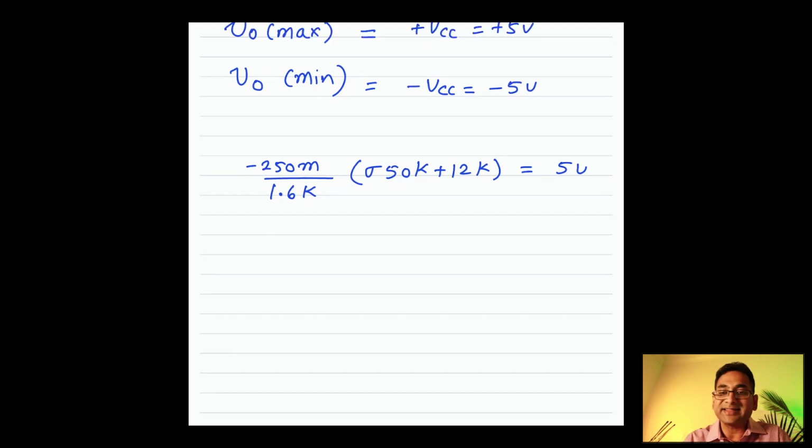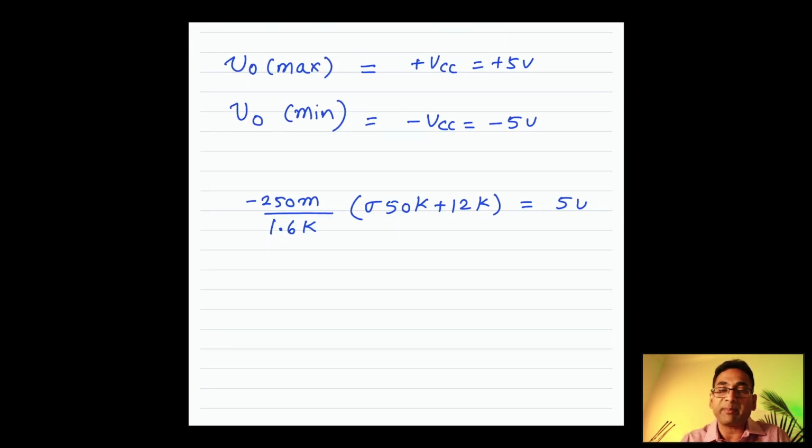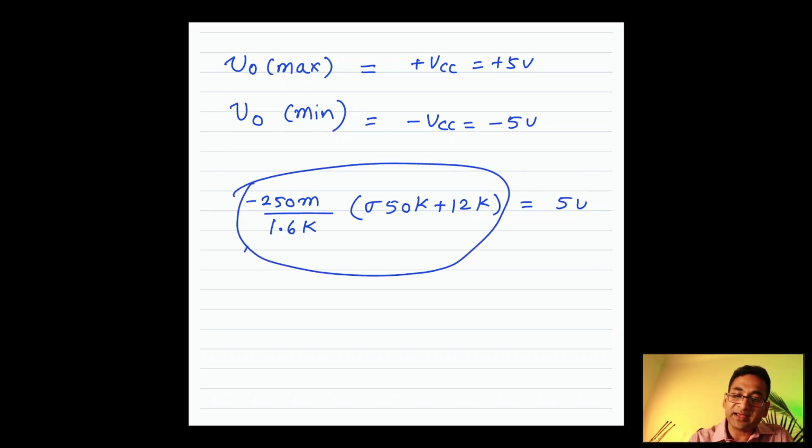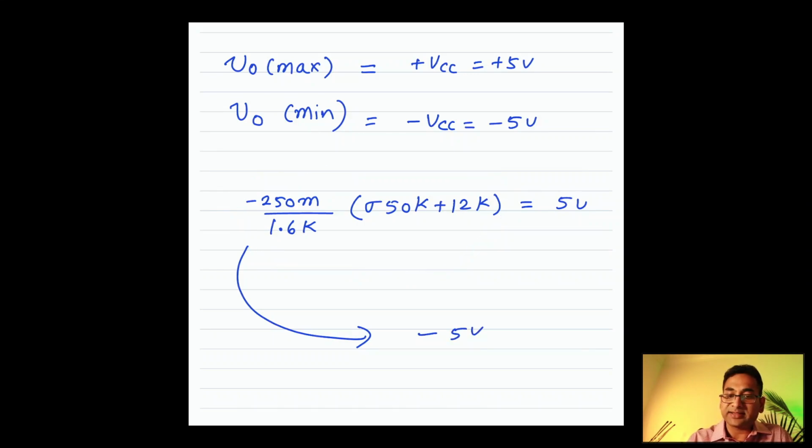That is the V output maximum. And then you would equate the exact same thing to negative 5 volts as well. Okay, you see what's going on? So the idea is that in order to find the maximum and minimum for sigma, we have to go off of the V output maximum and V output minimum.